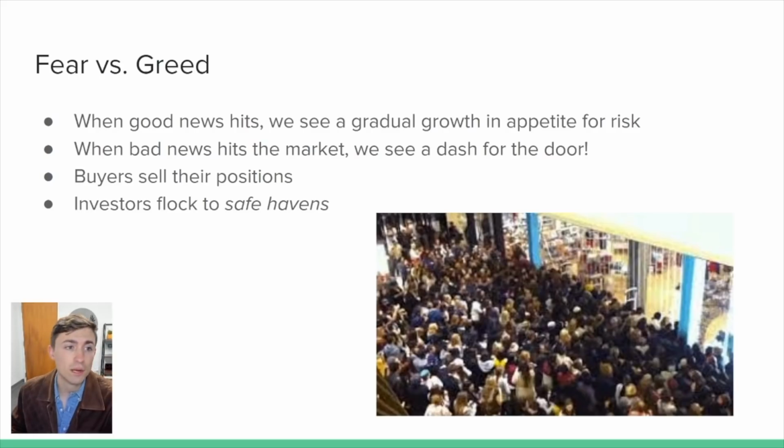And here's why. When good news hits, we see a gradual growth in appetite for risk, right? People slowly get more confident. They're like, okay, back to standard, back to good news in the markets and things growing back to normal, right? So we see a gradual increase in people wanting to jump in and buy the market, whether it's a currency pair or the stock market or gold or whatever, right? But then when bad news hits the market, we see a massive dash for the store.